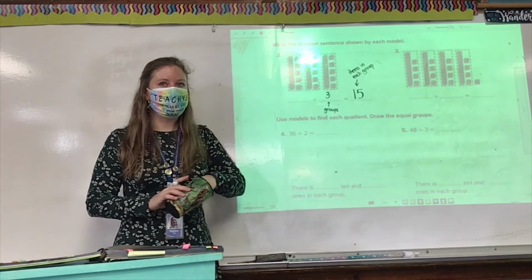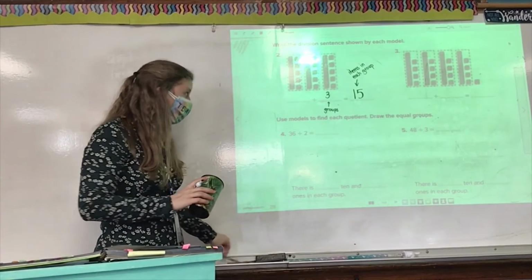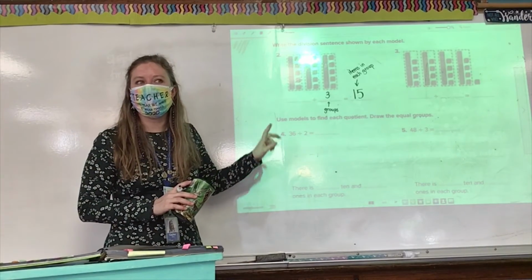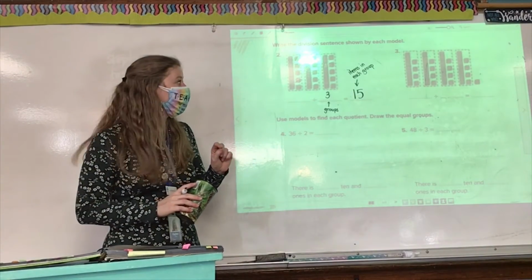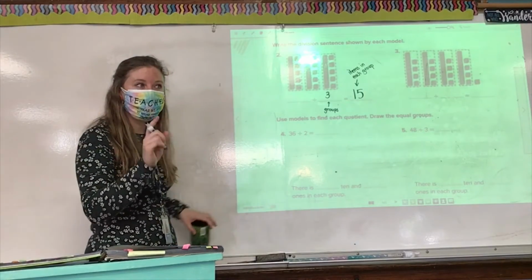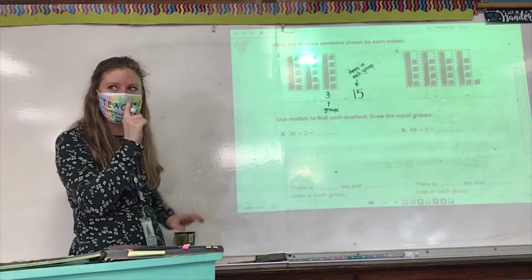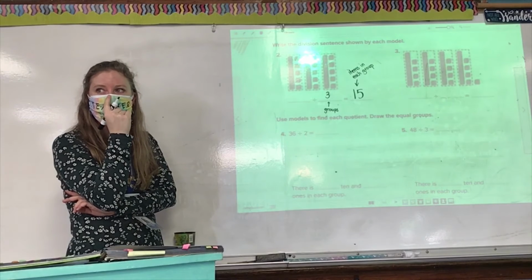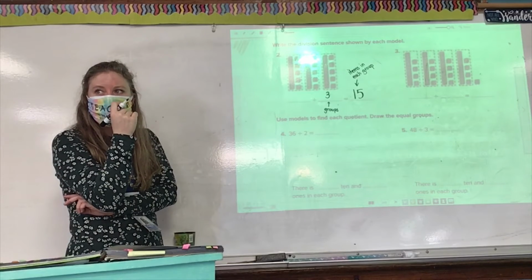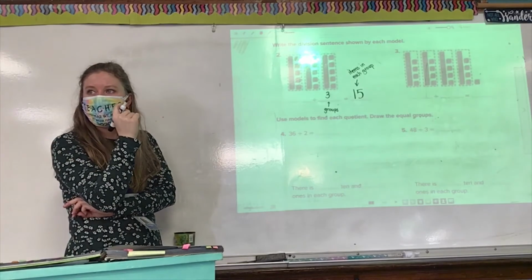How many items are in each group? I'm sorry, how many items are there all together? Ethan. Now this is a tough one because how many ones do we have? Count the ones in the whole problem.